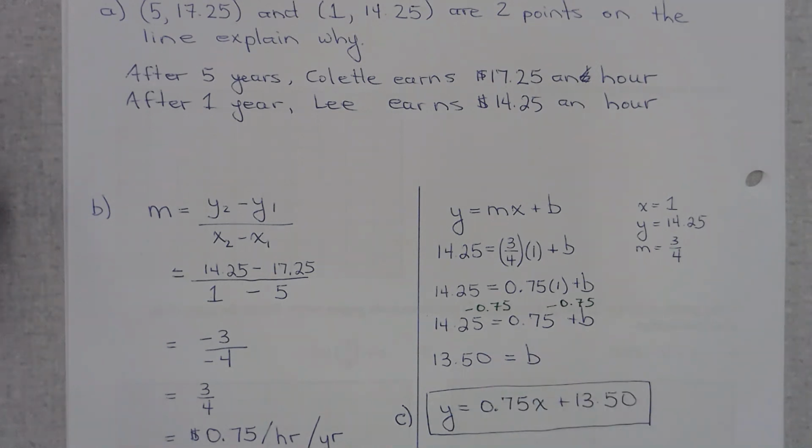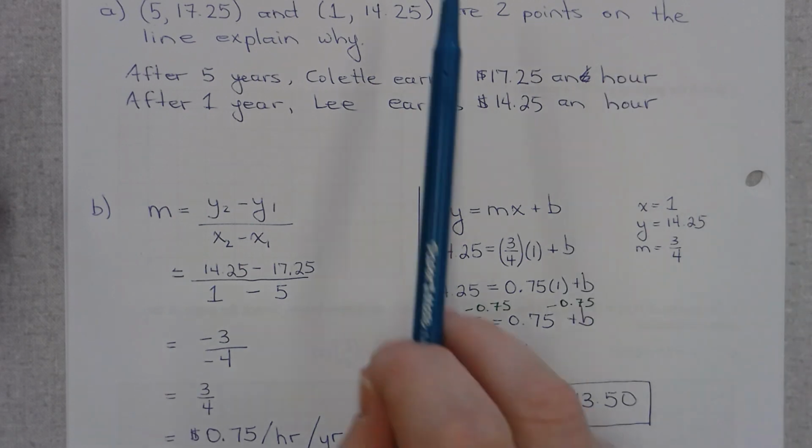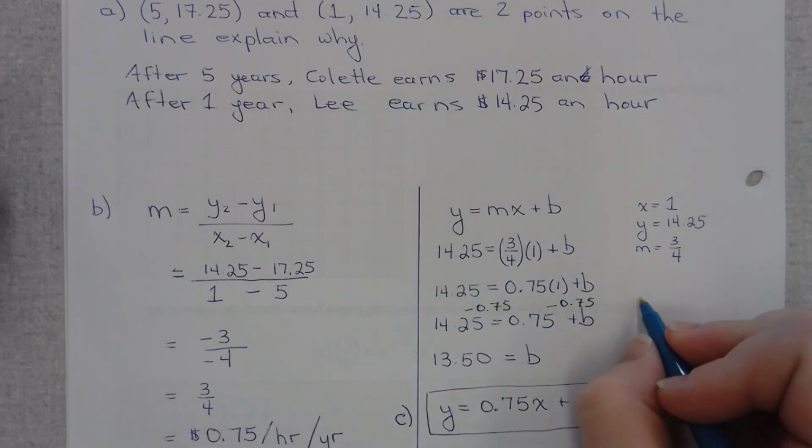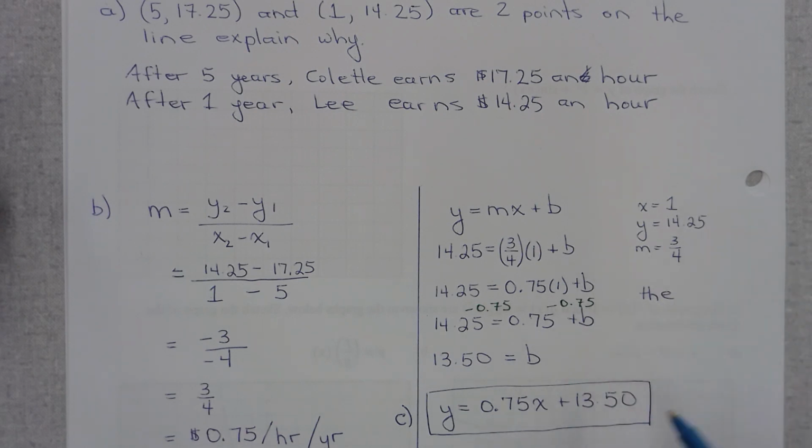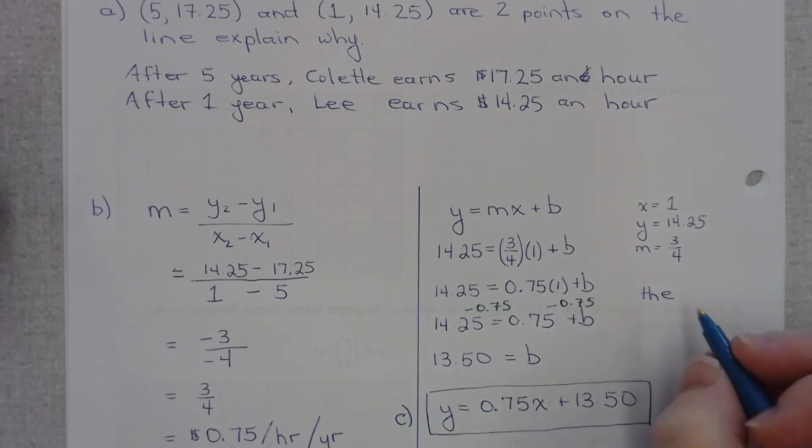Just to finish up part B, it says, what is the y-intercept? Well, your y-intercept is always your starting amount. It's always when your x is equal to 0. Well, x represents the number of years. So in this case then, the y-intercept is how much you make on the very first day you start working.